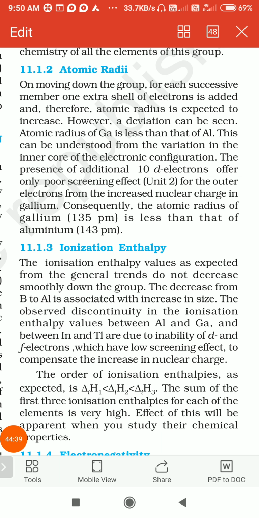Aluminum has a very small atomic size, but gallium has a somewhat larger atomic size. That means as the number of shells increases, the effective nuclear charge decreases, so there is a small deviation.